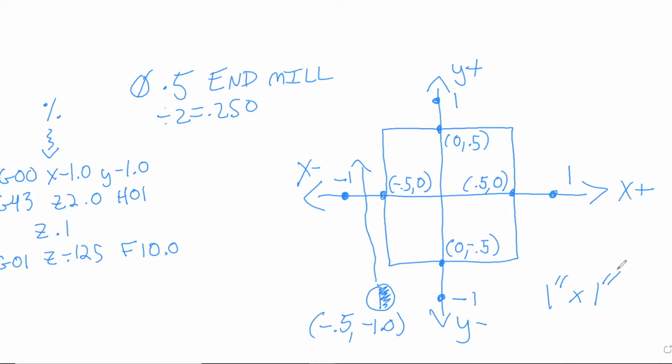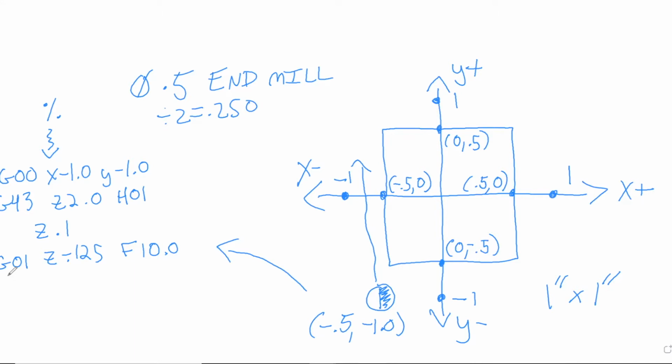So looking into this little program over here, we move to the location x -1, y -1. We move to a Z height of 2 inches above the workpiece, calling out the height compensation code. Then we rapid to 0.1 above the workpiece, and then we're going to feed down to a Z cutting depth outside of the workpiece.